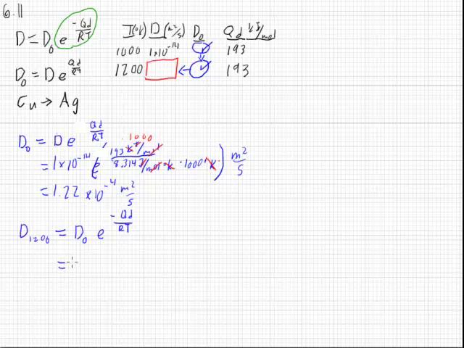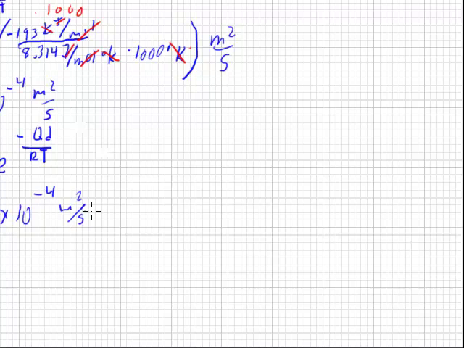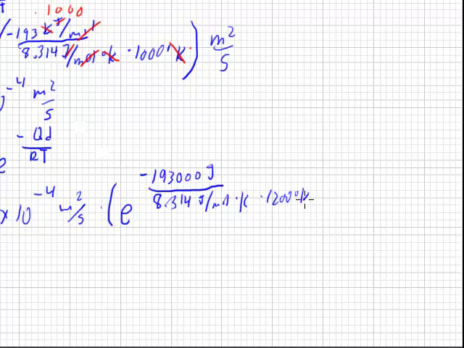So we use the pre-exponential that we just calculated, 1.22 times 10 to the negative 4th meters squared per second times e to the negative 193,000 joules all over 8.314 joules per mole degree Kelvin times 1200 degrees Kelvin.